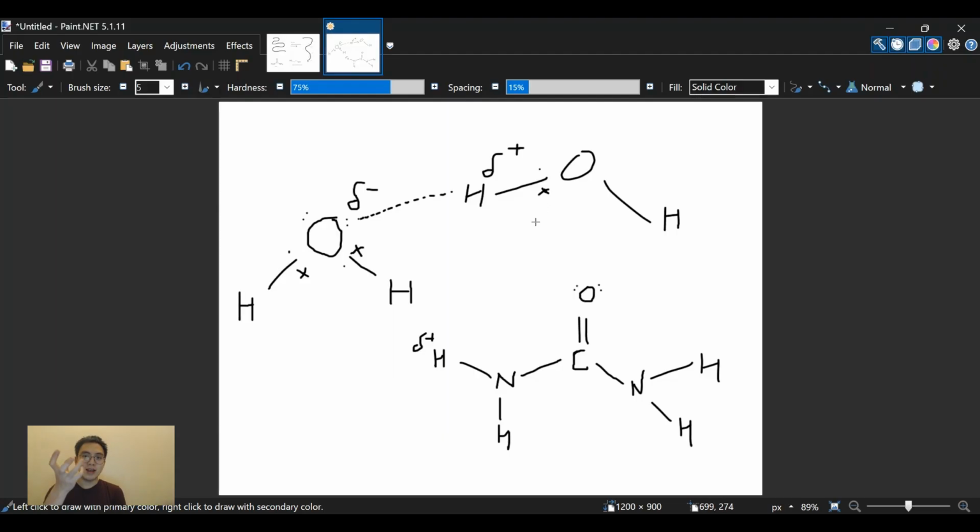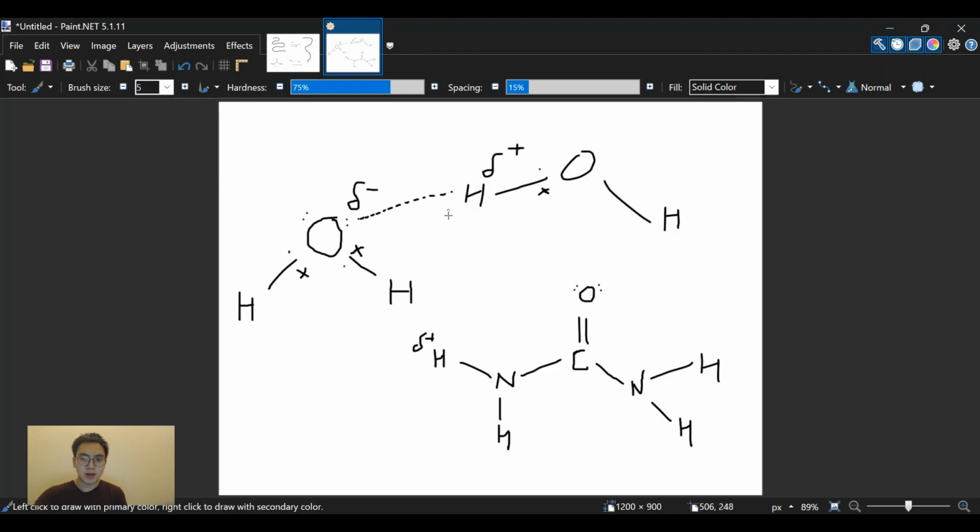It draws the electrons in a covalent bond towards it, which makes it delta negative, slightly negative, and makes the hydrogen bonded to it slightly positive. In this example, there's two water molecules. When two water molecules get close, they can form a hydrogen bond, an electrostatic bond between the delta negative oxygen and delta positive hydrogen. Let's look at our urea.